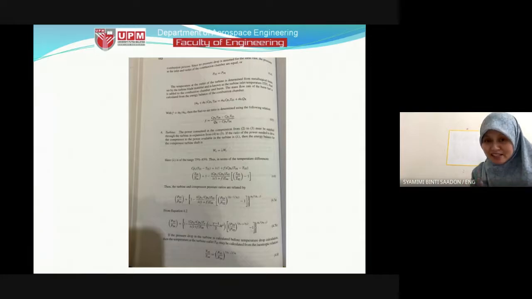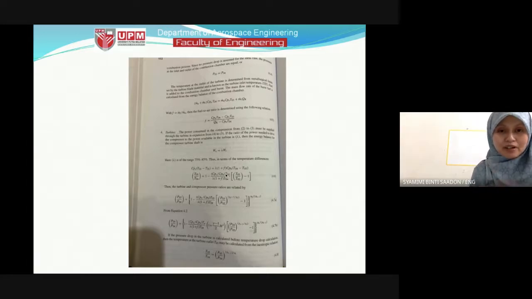But in the ideal case, we assume that all the power produced by the turbine is used back to run the compressor, so 100% use. In the real case, it is usually around 75% to 85%. The rest is wasted, lost as power loss and energy loss. But here it is 100% use, so we assume lambda is 1.